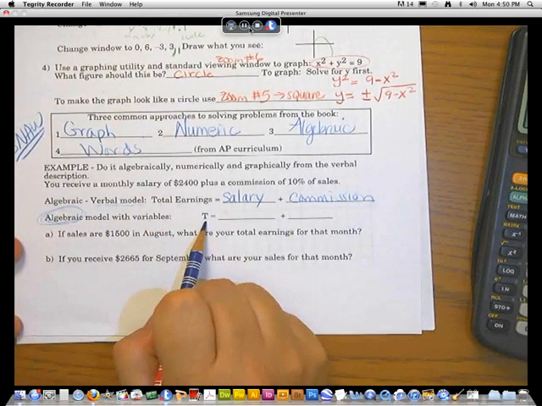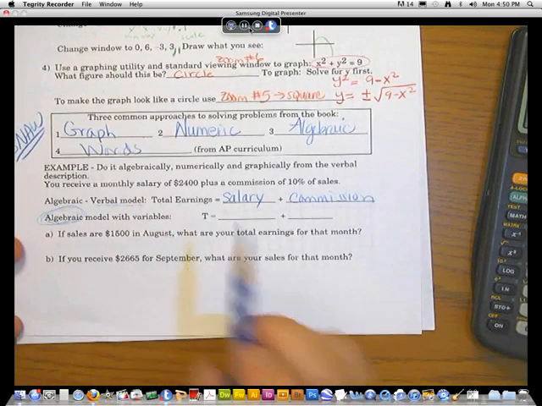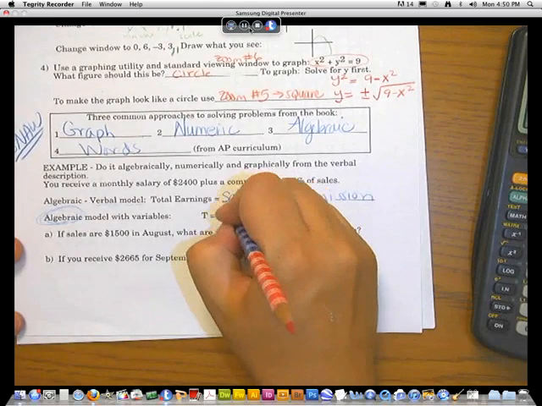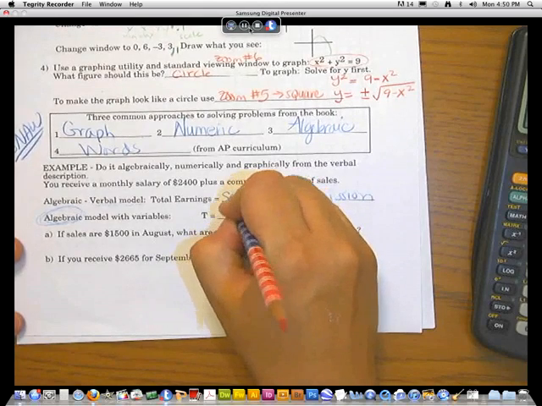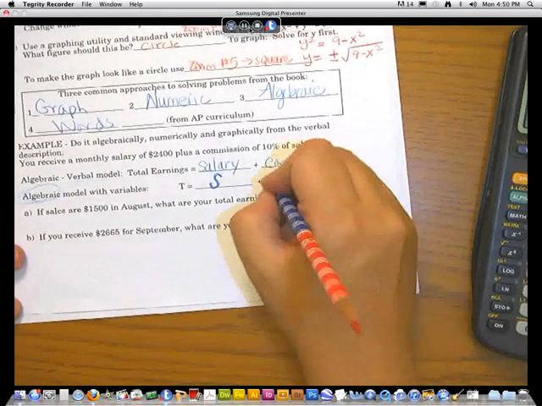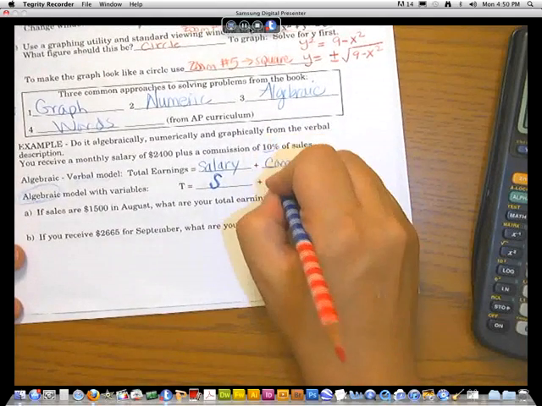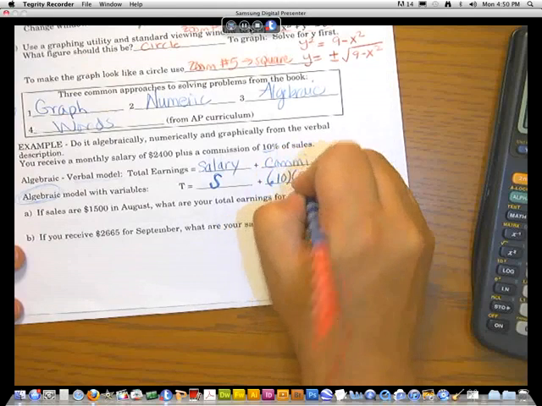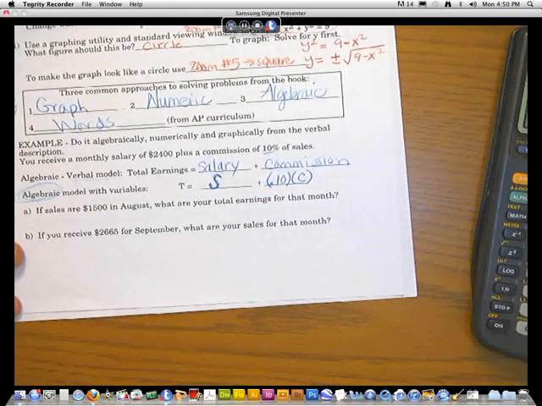So total earnings, maybe we call T. We're going to take salary, so maybe S, plus 10%, because that's what we know, of our commissions. So maybe we use C. So there's our algebraic model or translation of words into symbols.